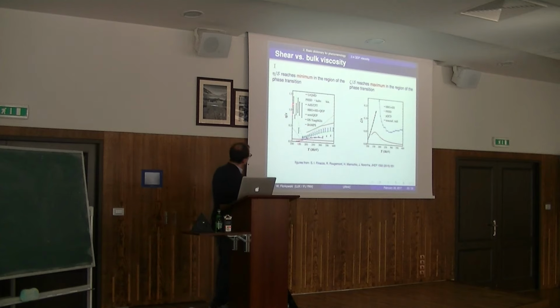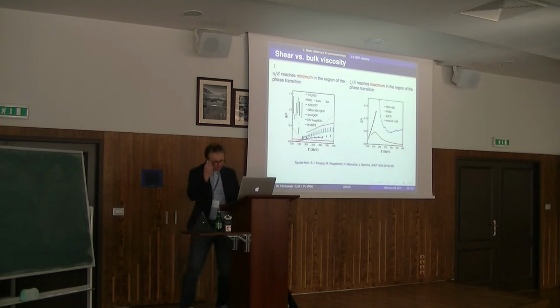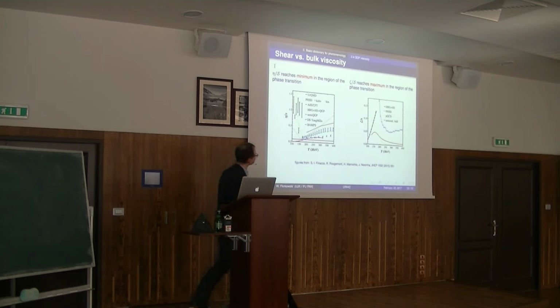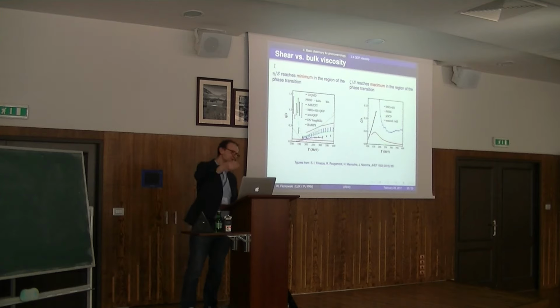And then when you go to smaller temperatures, you expect an increase. I think this is related to the restoration of the chiral symmetry and also to pions, because pions do not interact in the chiral limit at low energies. So simply, when interaction goes to zero, then we already know that viscosity goes to infinity.